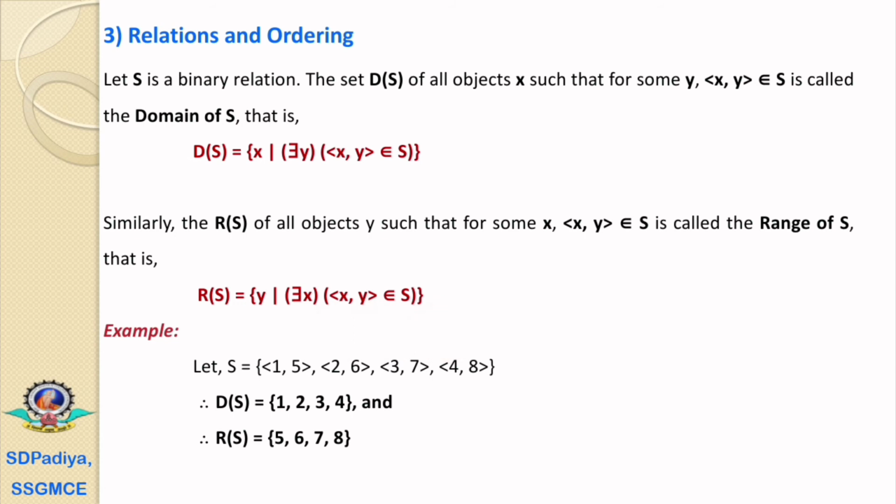It is simple. And the range of this set will be the second elements of every ordered pair. That's why the range of S is the set of 5 from the first ordered pair, 6 from the second, 7 from the third, 8 from the fourth.